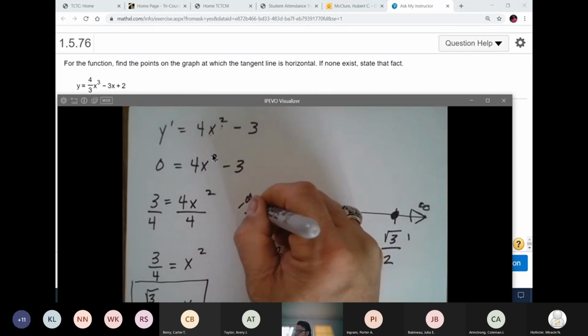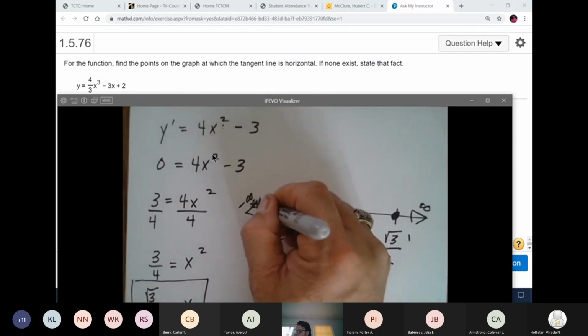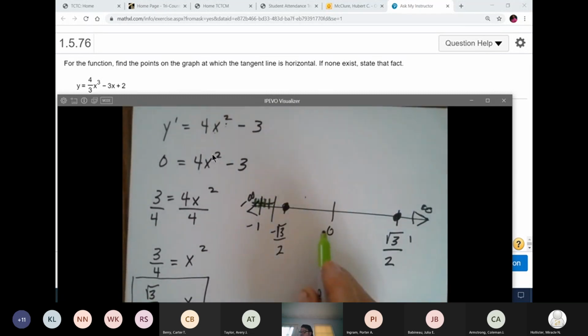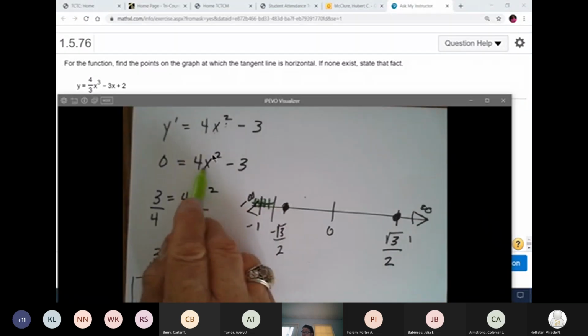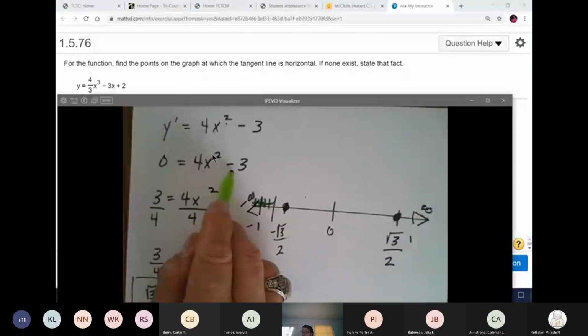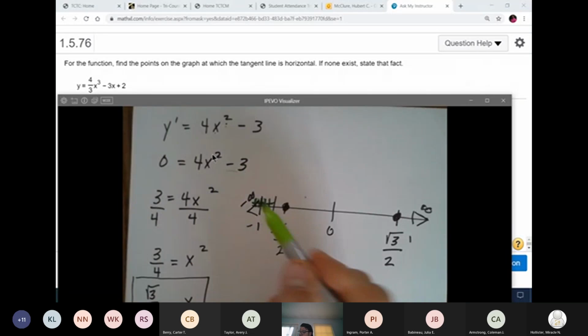Now pick 0. What is happening with 0? Well, 0 minus 3 is what? Negative. So negative.